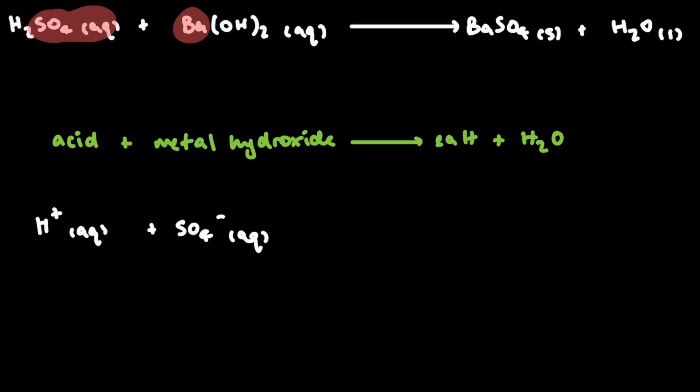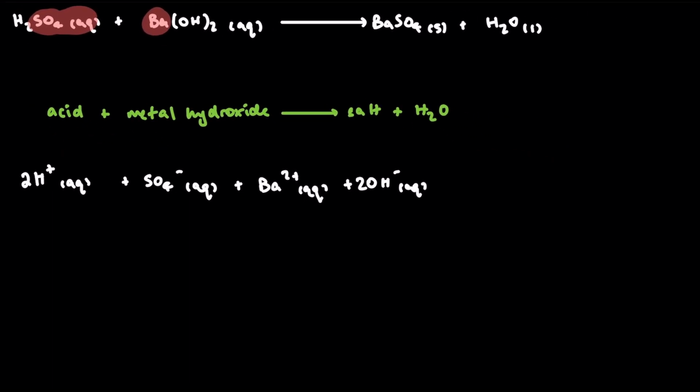So we need to remember to put a 2 in front of the H+. Then we can split up the barium hydroxide, and we have Ba2+ and hydroxide ions. And because we have a 2 next to the OH, we have to put a 2 out here as well to say that we have 2 hydroxide ions.